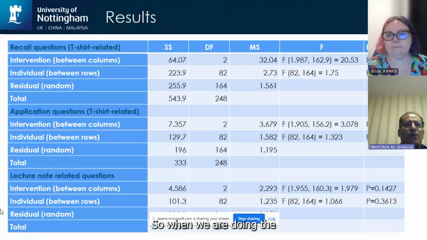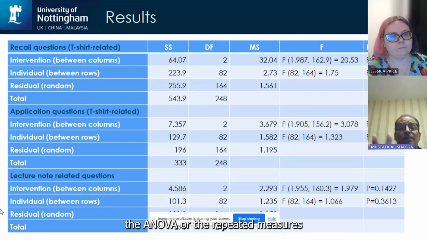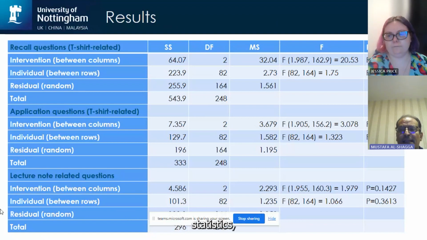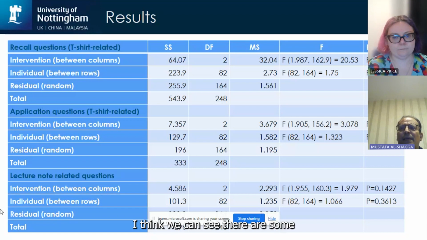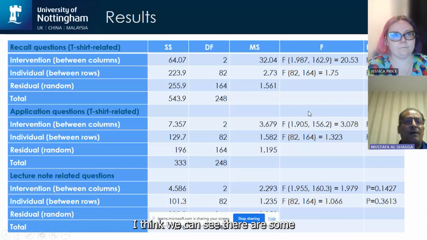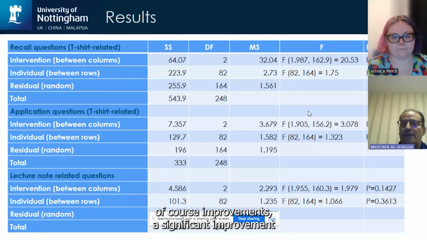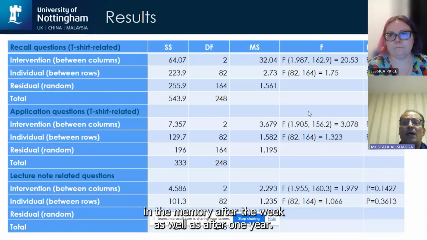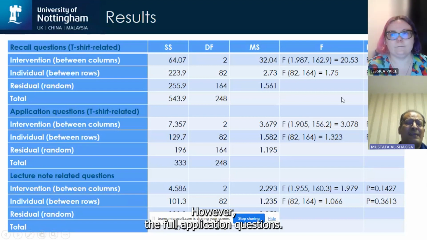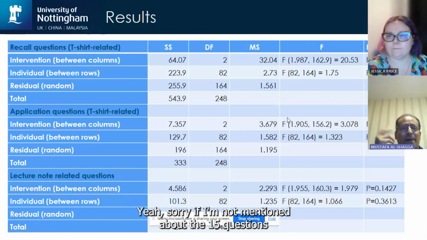Thanks. So when we did the ANOVA, the repeated measures statistics, we can see there is, of course, significant improvement in the memory after the week as well as after 1 year. However, for the application questions, sorry, I have not mentioned the 15 questions.